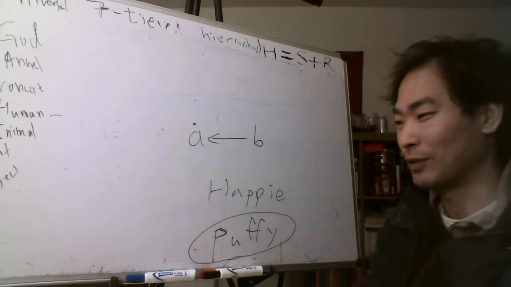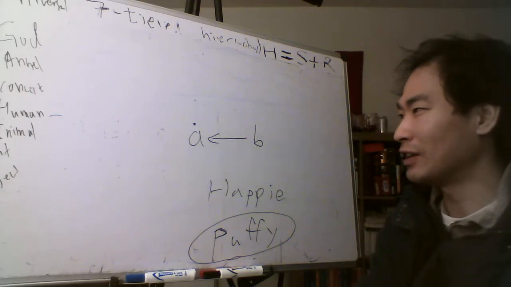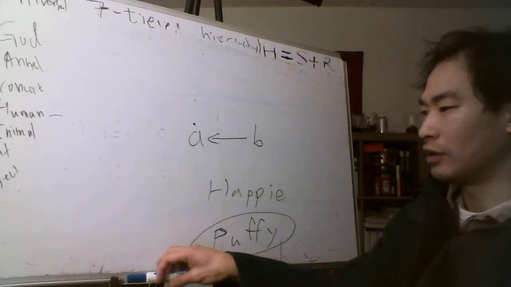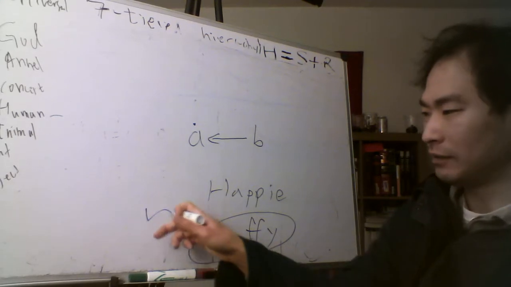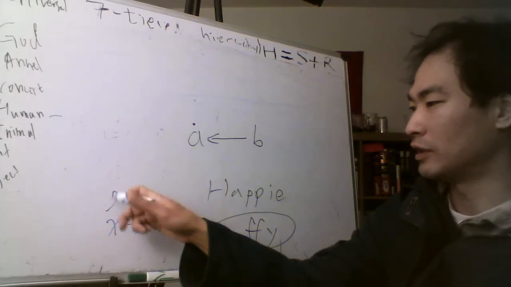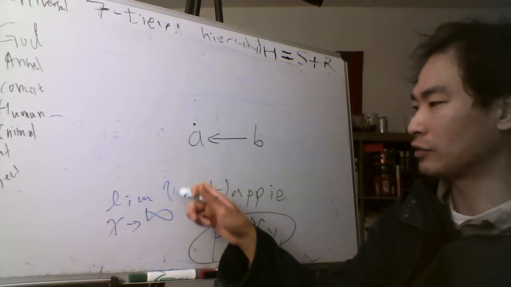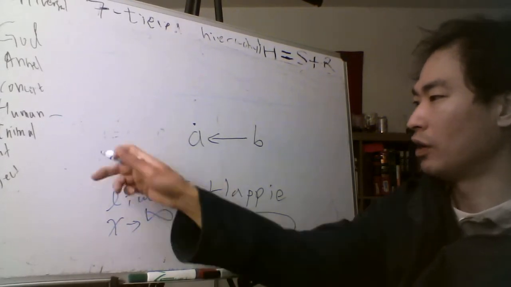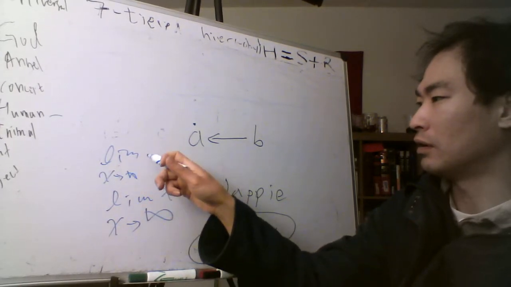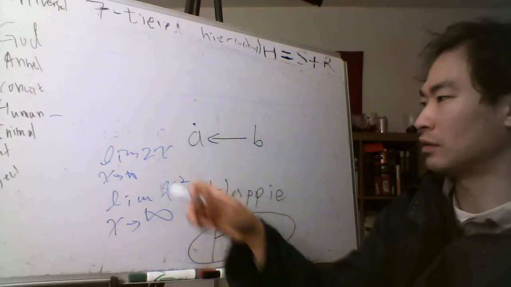He does a lot of infinity. Mathematical infinity is very interesting. Because we have infinity, right? The infinity symbol, like x goes to infinity. What is the limit of x squared? Or you can have the limit as x goes to infinity of 2x.